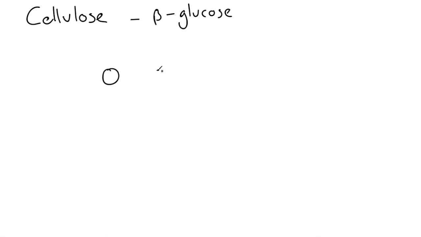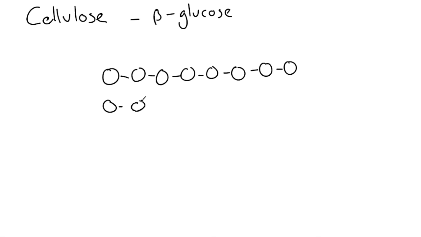So the way it's built is you have your beta glucose molecule, and then another one joined by a glycosidic bond, and so on. Okay, so this is a nice chain. But then what you have is another row of these. You have another row, all joined by glycosidic bonds, and then they're joined by hydrogen bonds.